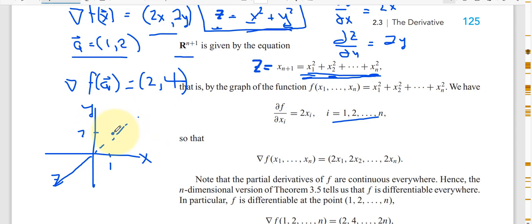If we fix y and only change x, then that derivative is 2. So it's telling us what the derivative is in each direction, the x and y direction, at this point. It's a little confusing because we are saying at this point in the xy plane what the gradient is, but it has to do with the slope of this picture out here.